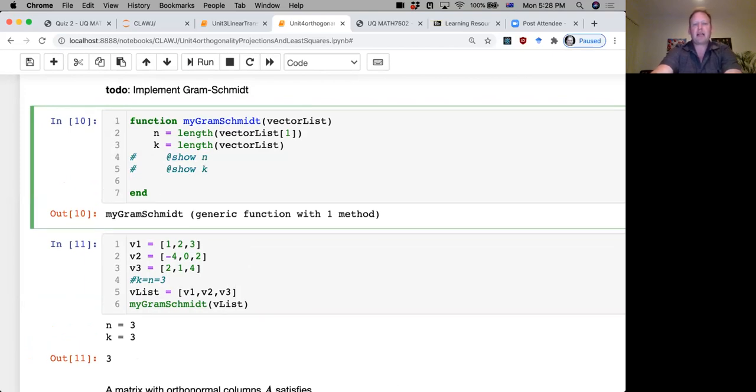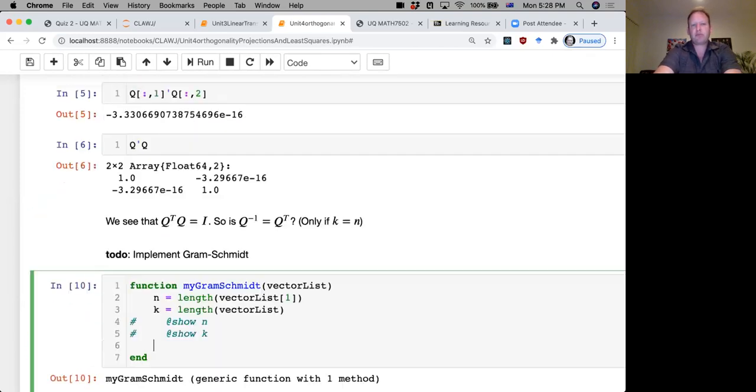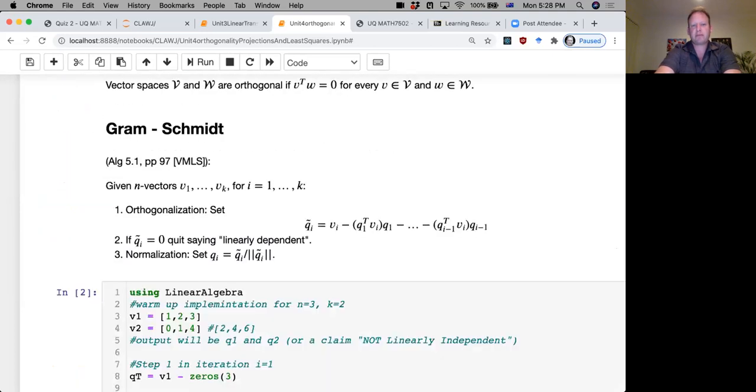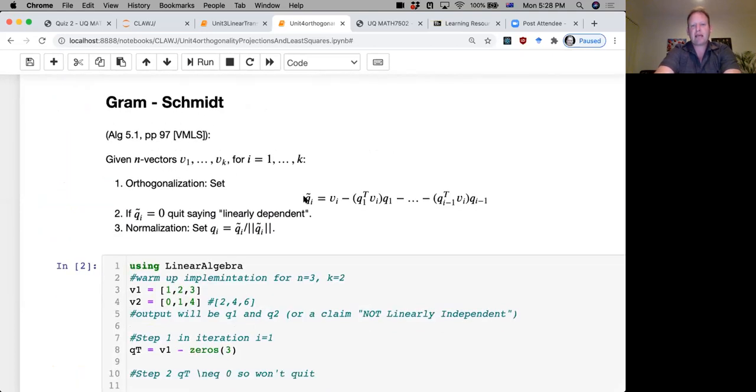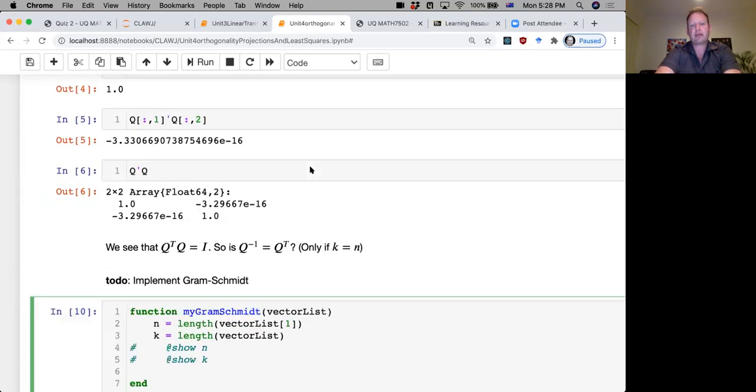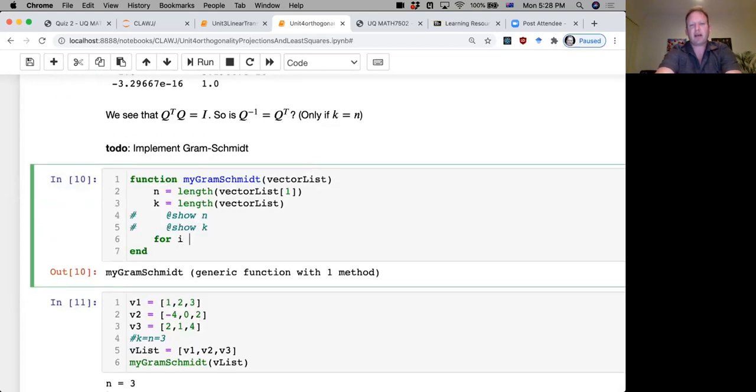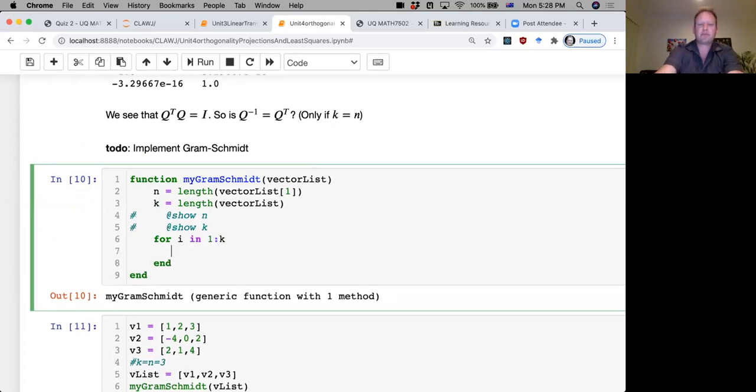Now, what do we do? We do a loop, like most of these algorithms. And this loop is going to loop for i going 1 to k. So we do for i in 1 to k. That's simple. And then let's do q tilde. qt is like our q tilde.